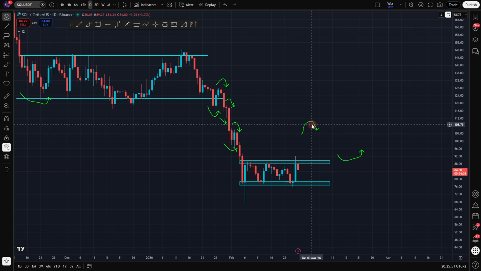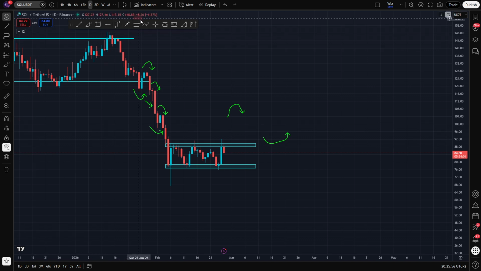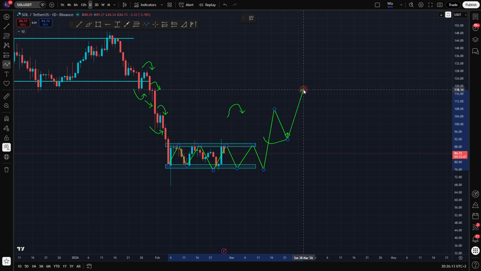So what should you expect here? You should expect the range until it is broken. If it's going to be to the upside, you should expect a higher high here and a higher low, and this will confirm the trend shift.